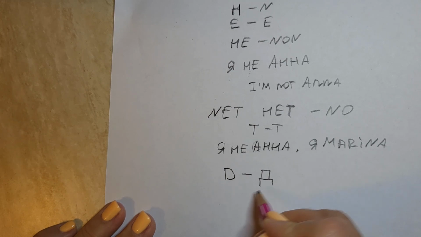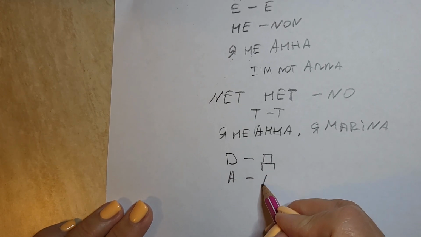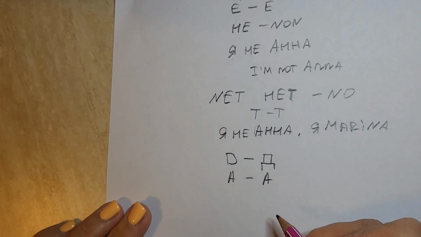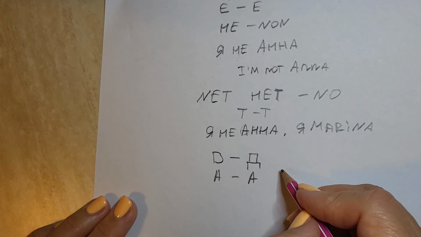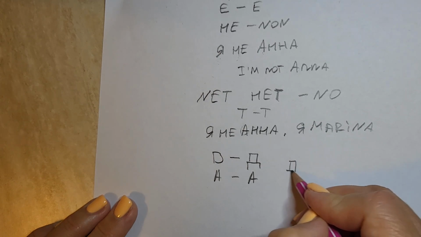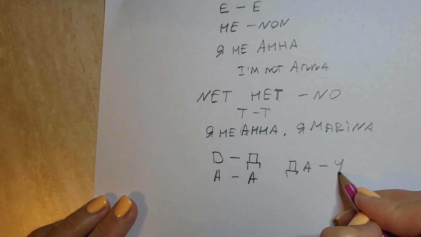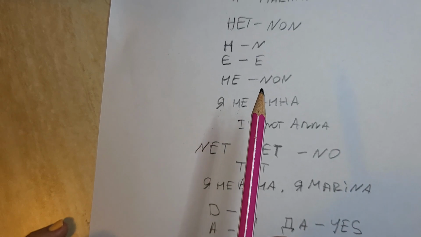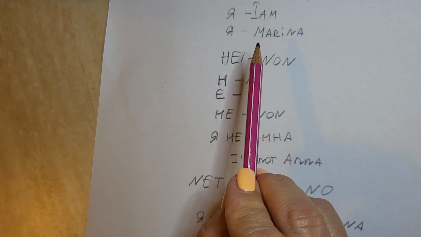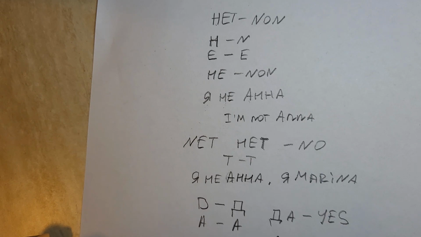The letter A is always A. Yes, in Russian we say да. Марина? Да. Я Марина.